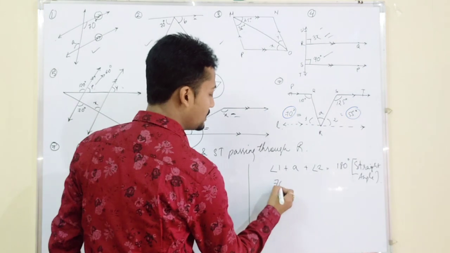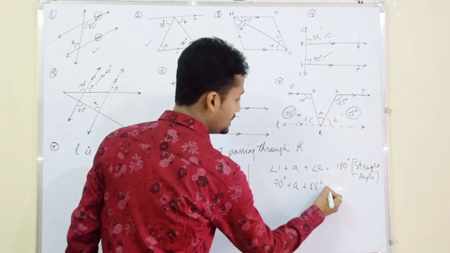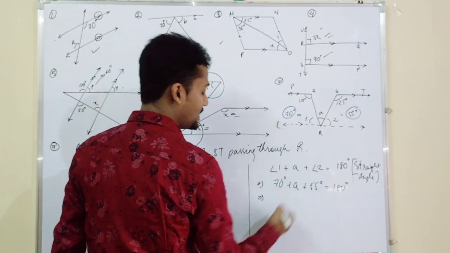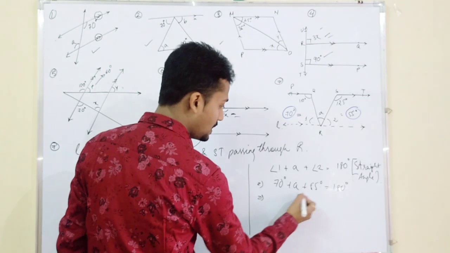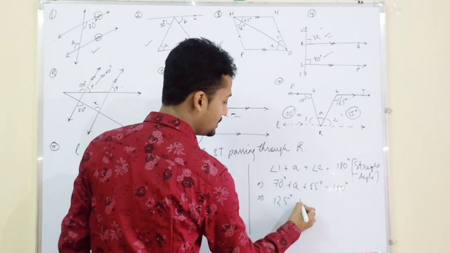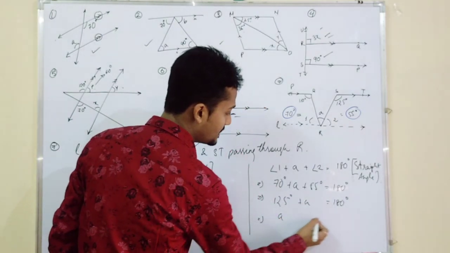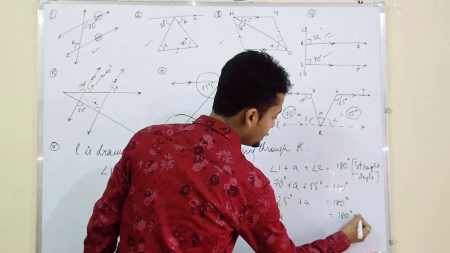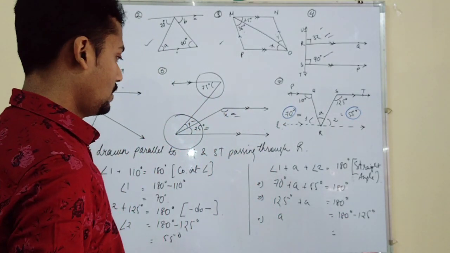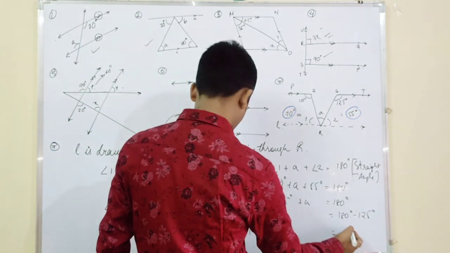Now angle 1 is equal to 70 degree, A remains A, angle 2 is equal to 55 degree, equals 180 degree. Okay, 70 plus 55 is equal to how much? 125 degree plus A is equal to 180 degree. A is equal to 180 degree minus 125 degree, which is equal to 55 degree.